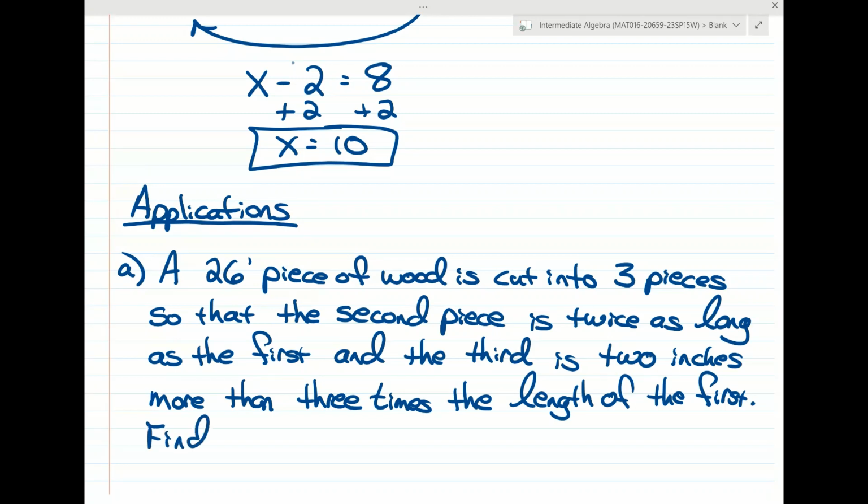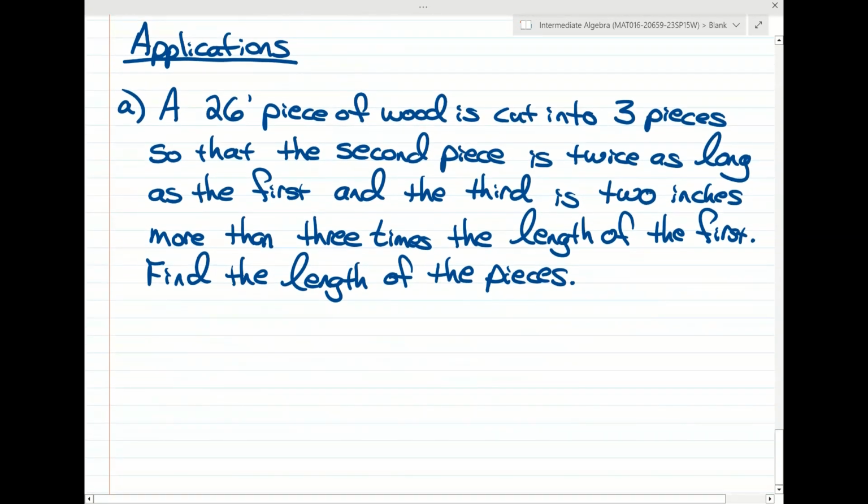Find the length of the pieces. Okay. I'll give you a minute or so to copy that down so we can all keep up with this.